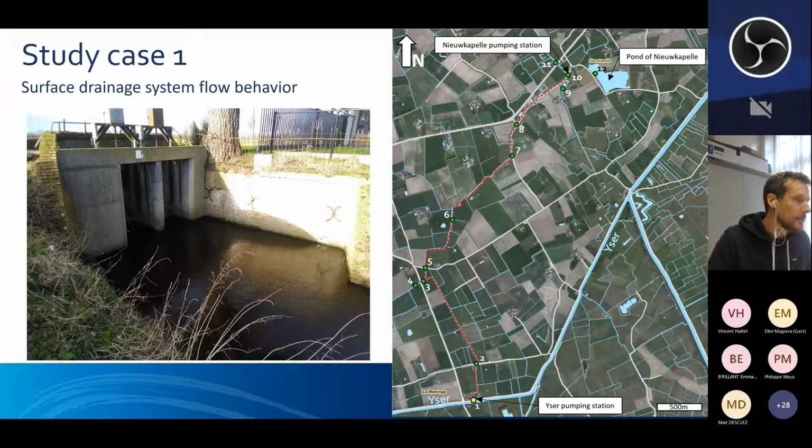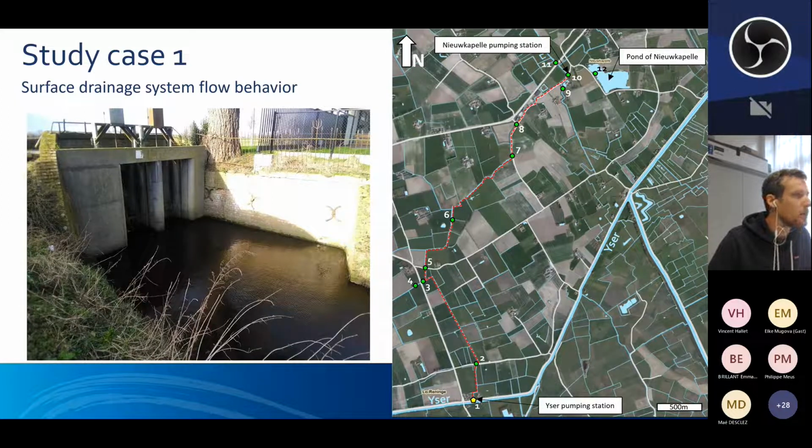So classical methods to evaluate the hydrodynamics are difficult to implement in such a context because there is very low flow velocity, low gradients, and the size is large, a few kilometers for the channel network.